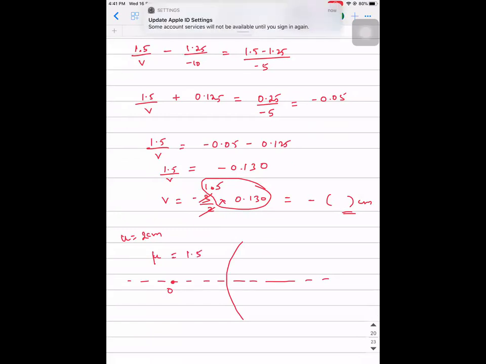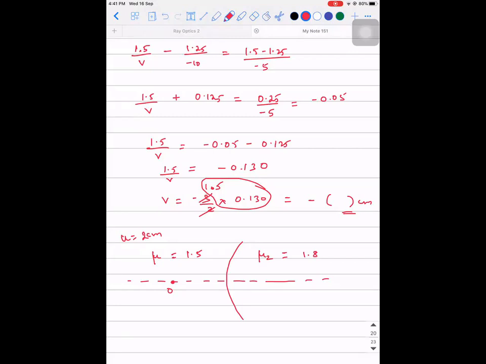The refractive index of the other medium is 1.8. I'm taking it in this way. Now you need to locate the image position. I'll give you 2 minutes time, do it.